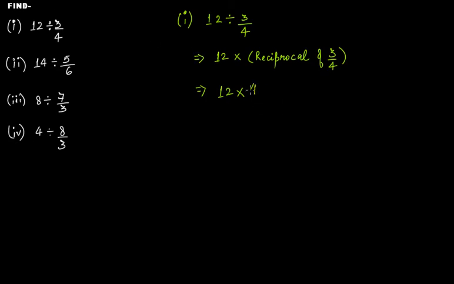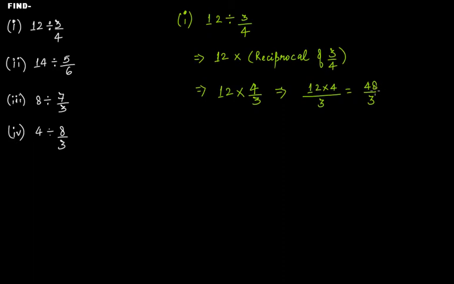Now this is a whole number multiplied by 4 over 3, that's a fraction. So this will be 12 multiplied by 4, the whole number with the numerator, divided by 3, and this will be 48 over 3.